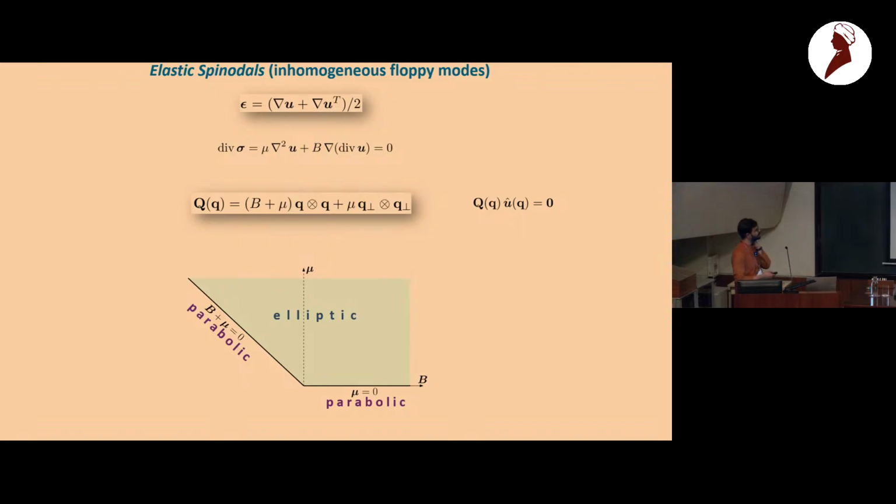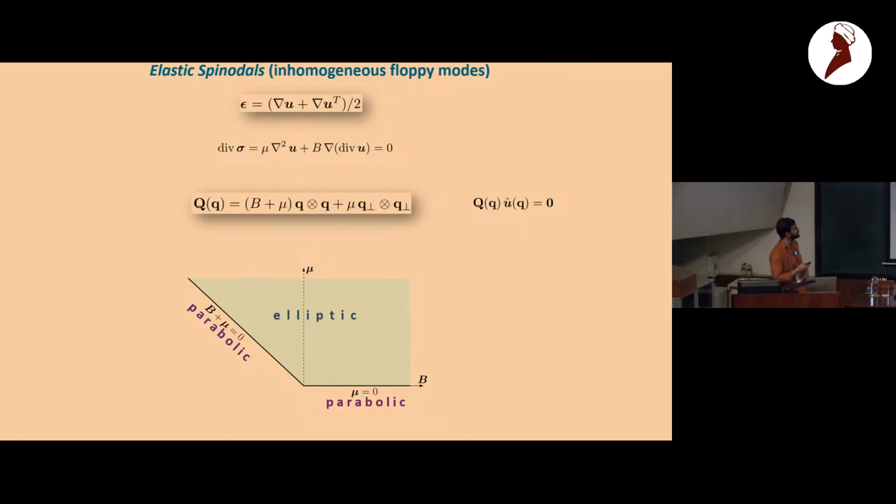The point is that this active material, these myosin motors, are pushing my material to these lines, either this or this. And when you reach these lines, what will happen is this PDE, which is an elliptic PDE, changes. In elasticity, when you put a force here, this force gets diffused throughout the system.